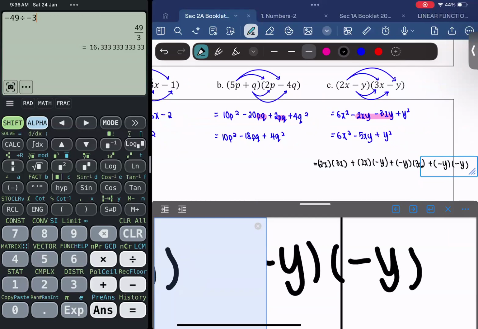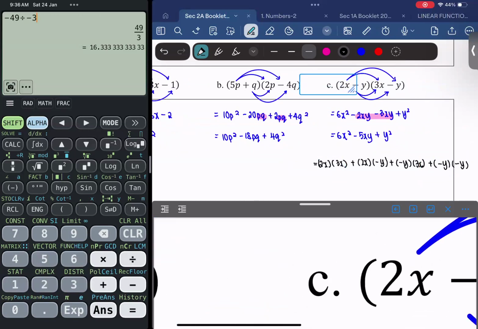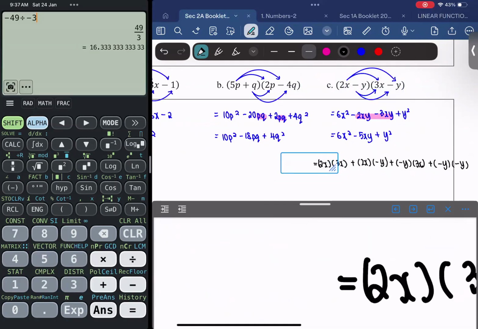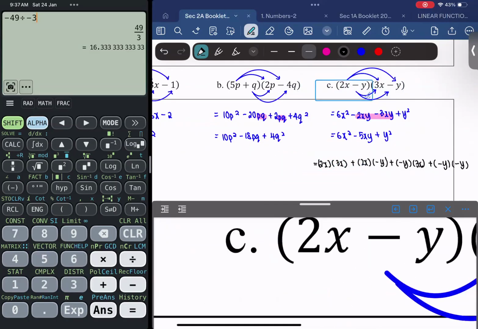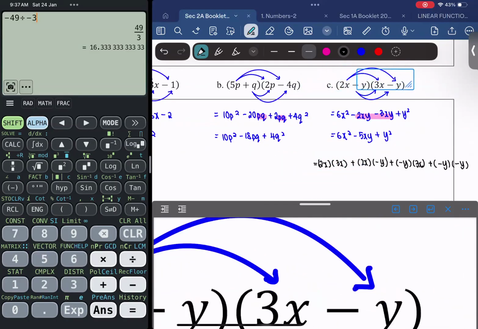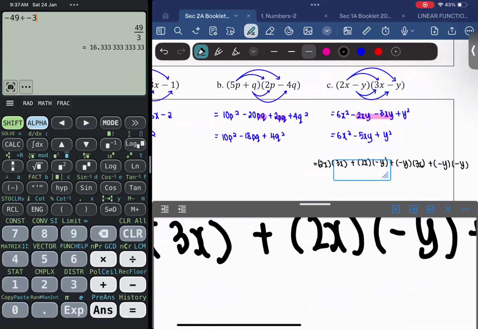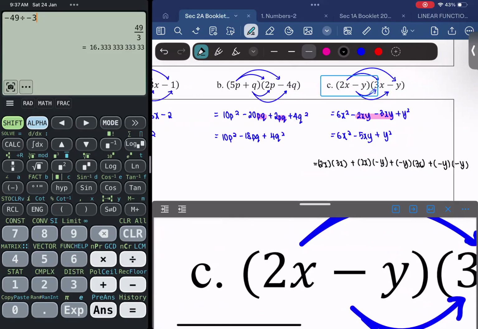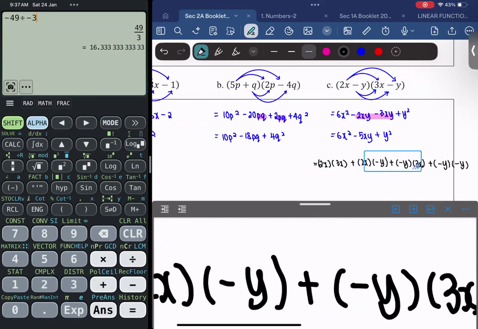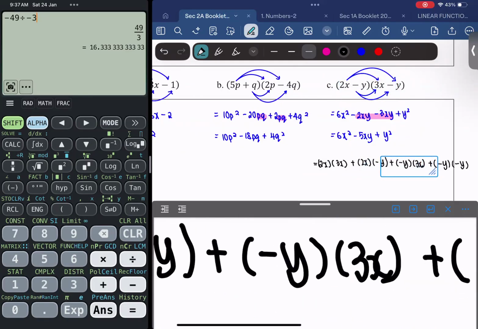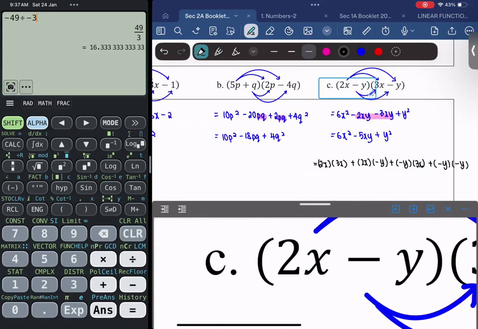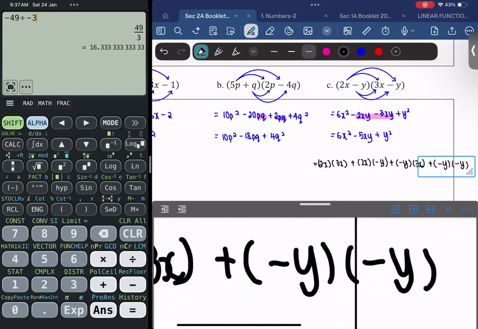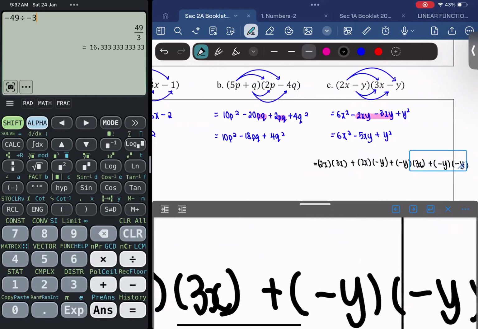So 2x and 3x, then 2x and negative y, then negative y and 3x, then negative y times negative y over here.